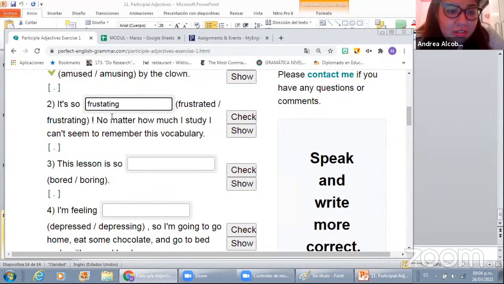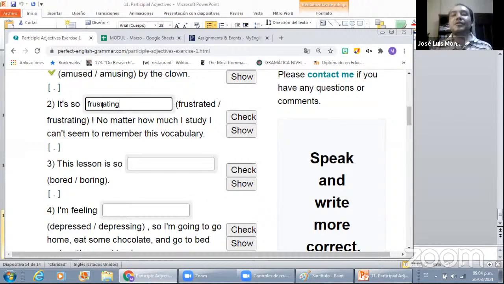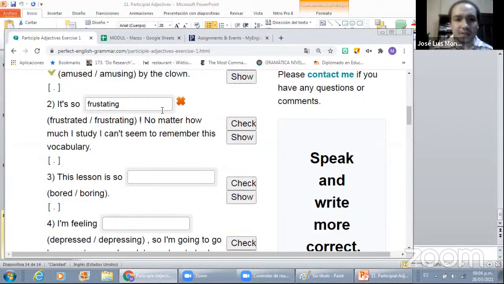Okay, teacher. It's so frustrating no matter how much I study, I can't seem to remember this vocabulary. Yes. So the situation is frustrating. Let's check. All right. And it says, well, perhaps my writing is incorrect. Frustrating. If not, this must be a mistake.